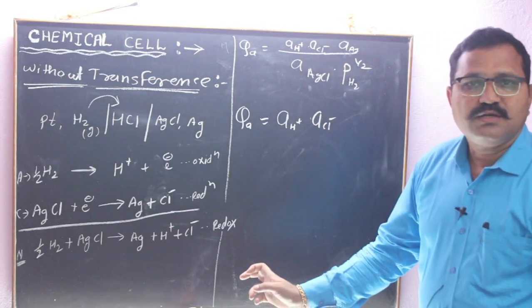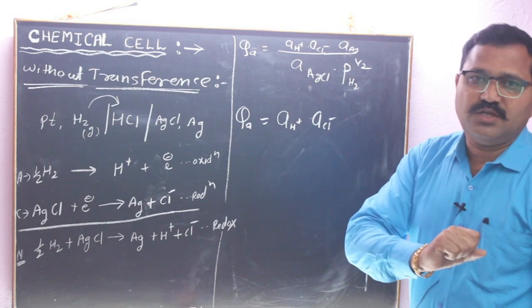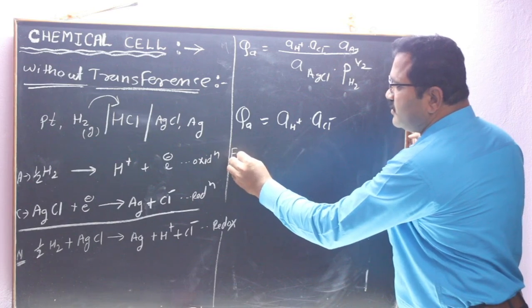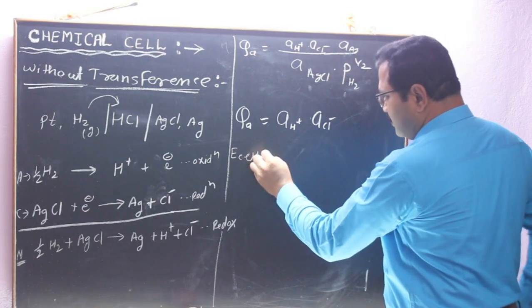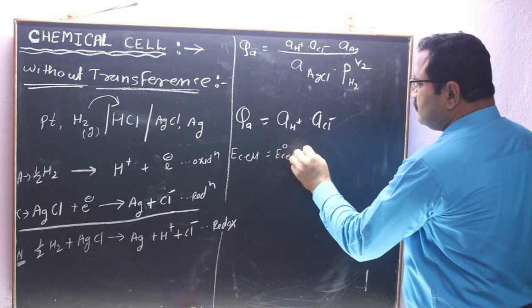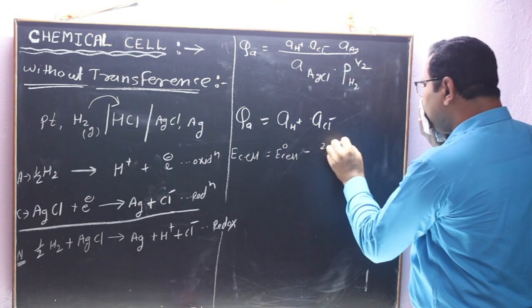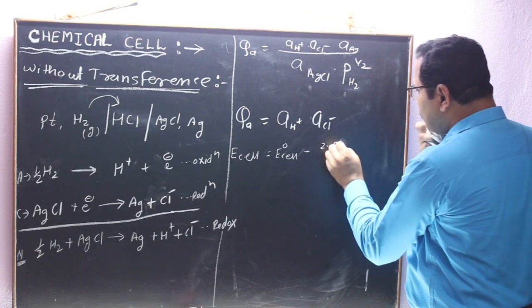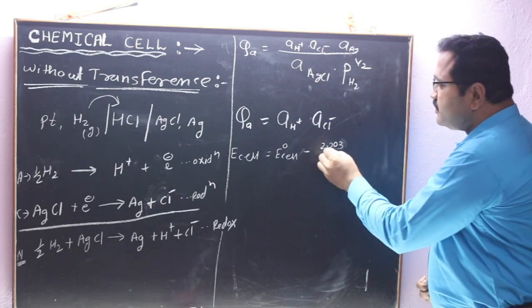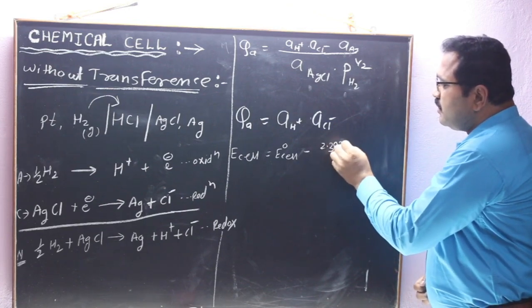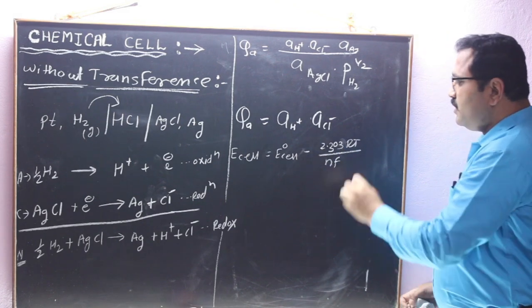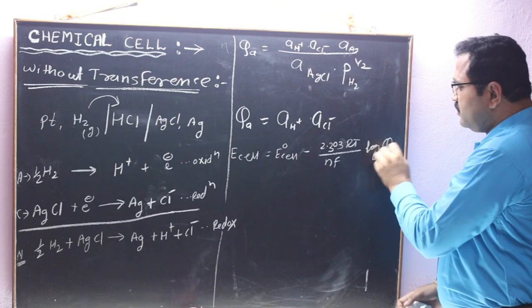And from that, you can write the equation for EMF according to the Nernst equation. What is the Nernst equation? E cell is equal to E naught cell minus 2.303 RT upon nF log QA.